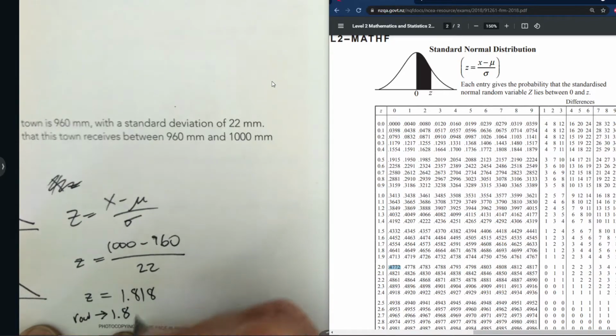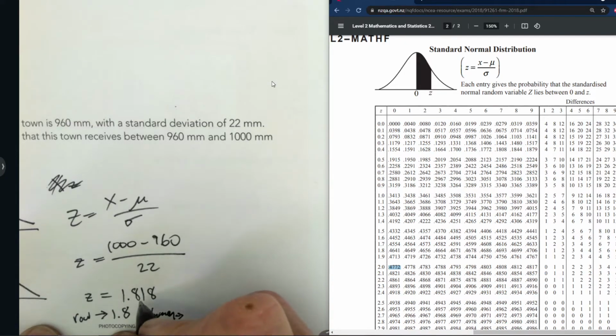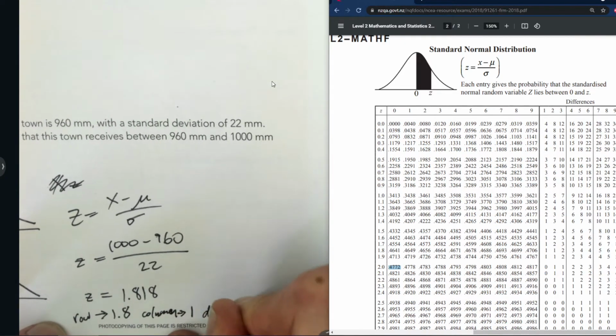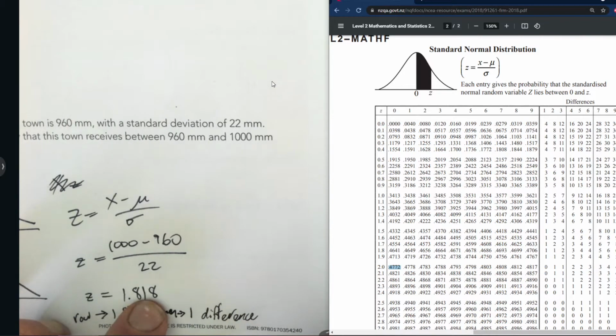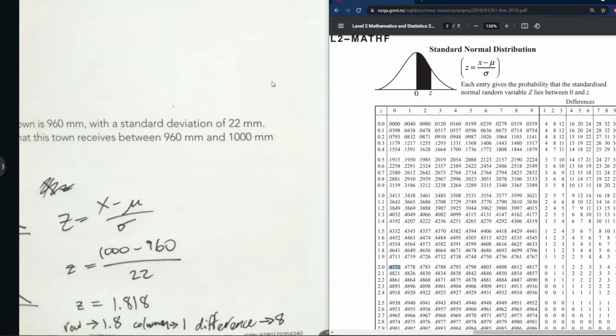The row is going to be 1.8, the column is going to be this 1, and the difference is going to be this 8. I just want to make that clear because sometimes it's a little bit hard. So for the first two, we go down to 1.8, so I'm going to color in that row 1.8. Sweet. And then the column is going to be number 1, so it's going down here, and that gets us a value 0.4649.